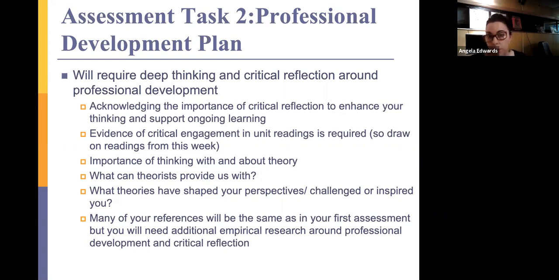So not websites, not YouTube clips, not PhD dissertations. It's not really acceptable at a master's level or, as I said, generally at an undergraduate level as well. So really focusing on that scholarly research.